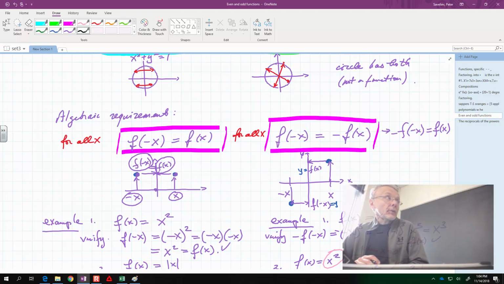You have your function f, and it is a condition to be verified. Plug in the value of negative x on the left, and you're supposed to, through algebraic manipulations, convert that into the original function. Okay, that's what happened on the left over there. A similar thing happens with the odd, except you have an extra negative sign, but still you have to end up with the original function. Okay.